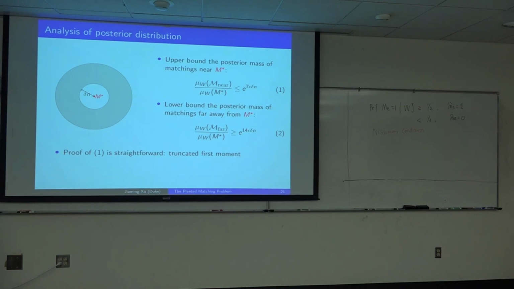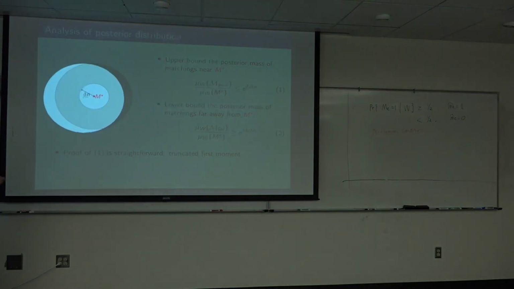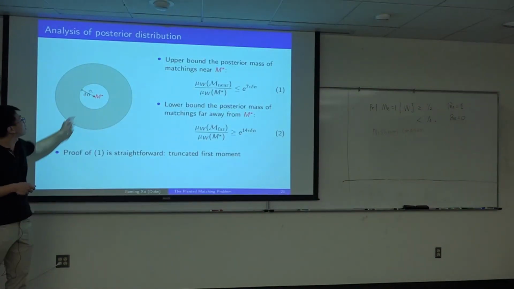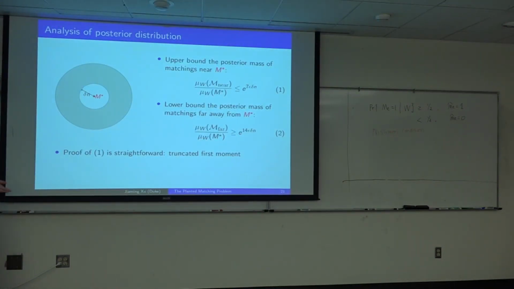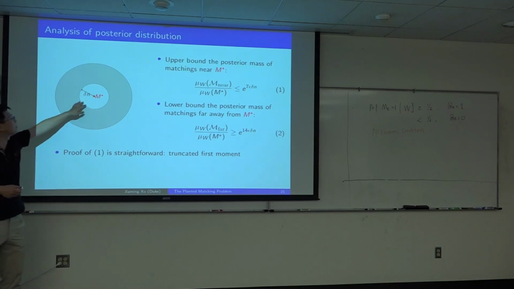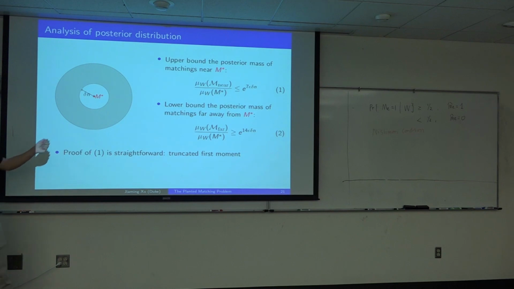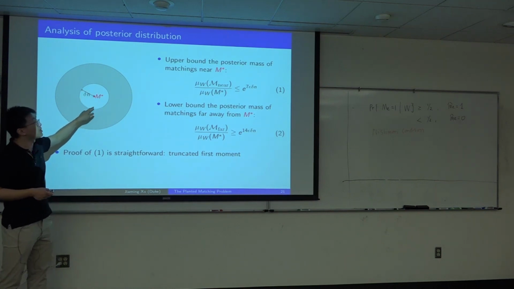Okay, so the proof of the first part actually is relatively straightforward. The idea is the following. It's again like this Maxine-Lacour estimator that I just presented. The crucial thing here is that if you look at the matchings in this white region, there are not many of them because they have to be very close to m star, right? M star is kind of fixed. So there are not many such matchings.